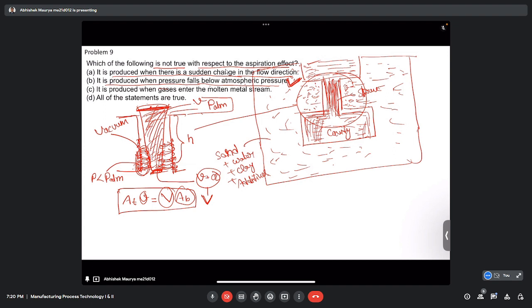Again, this kind of phenomenon takes place if we provide a sudden bend or sudden turn. Suppose we have a sprue like this, and just after that we provide a sharp change here. So molten metal is coming down here, and if we provide a sudden turn, then what will happen?